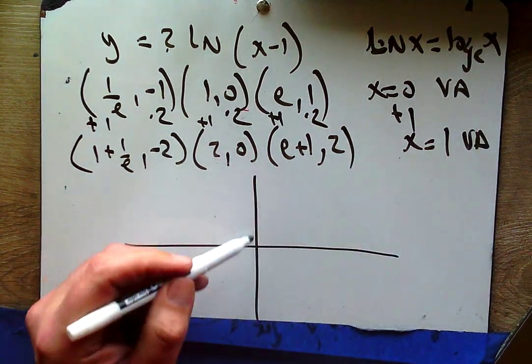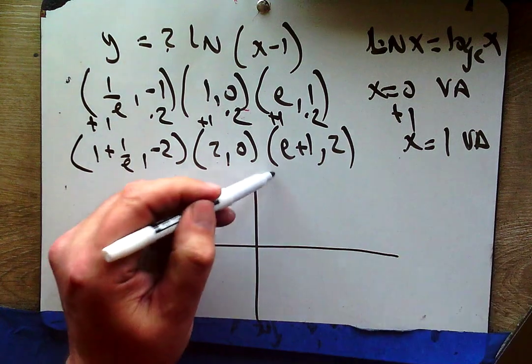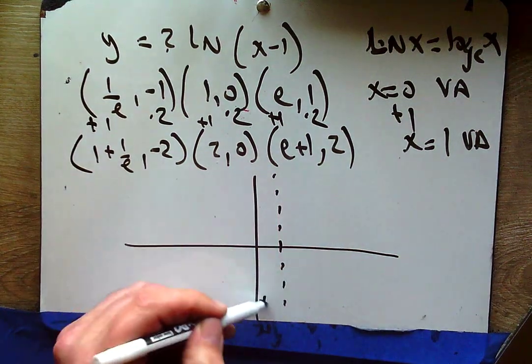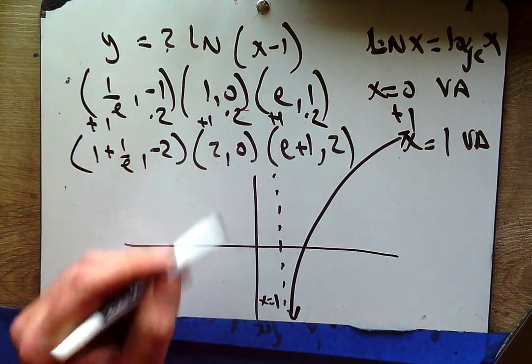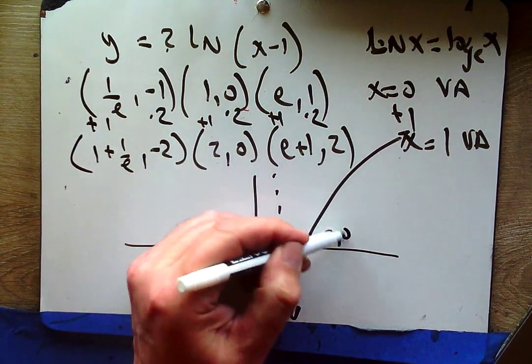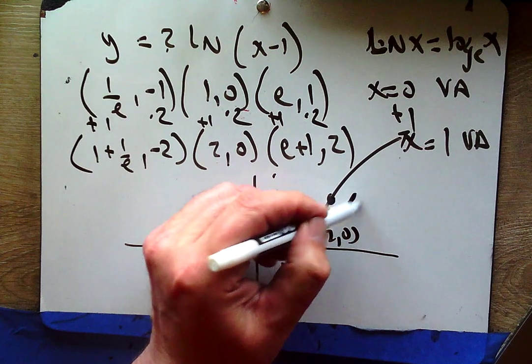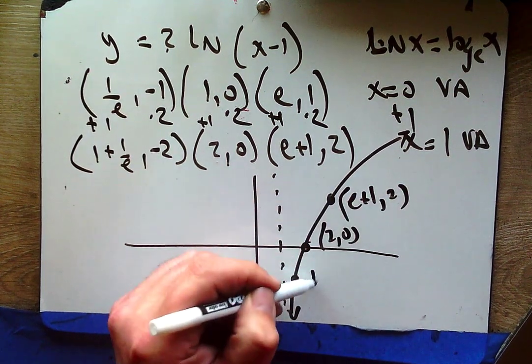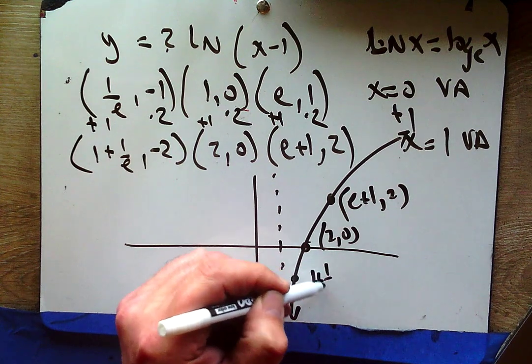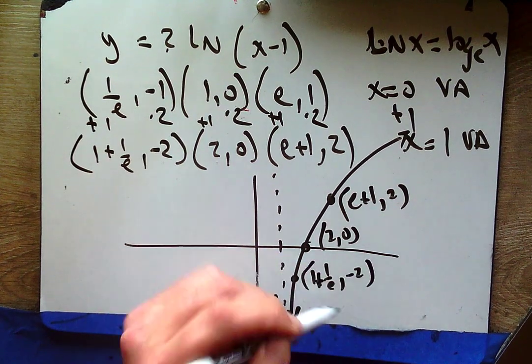My graph then, with a vertical asymptote at 1, same characteristic shape, 2, 2, 0. And this one must be e plus 1 comma 2. And this one over here must be 1 plus 1 over e, negative 2.